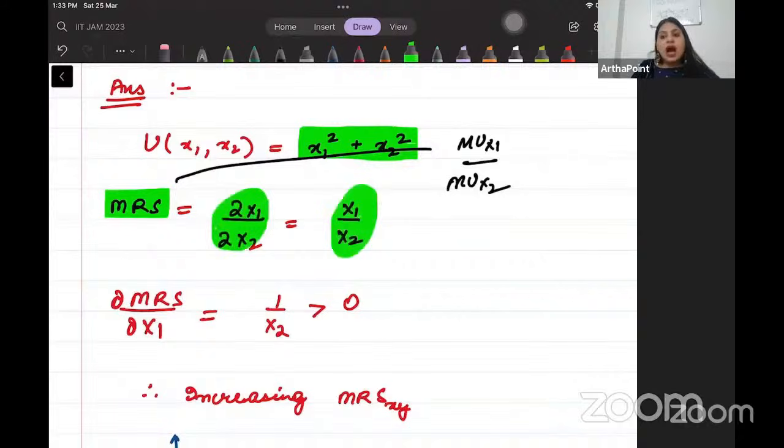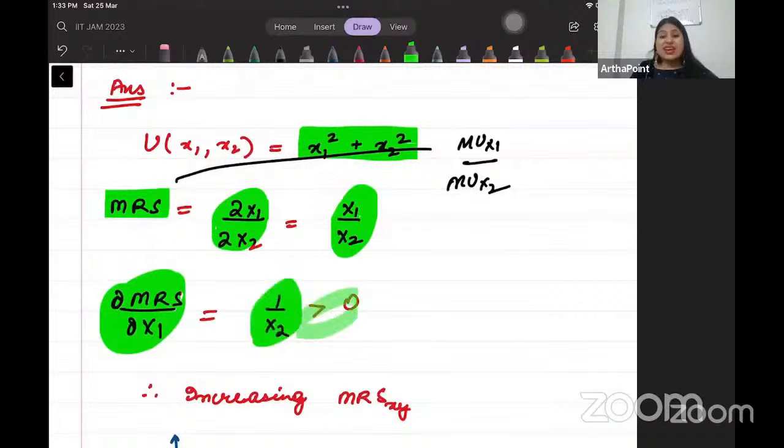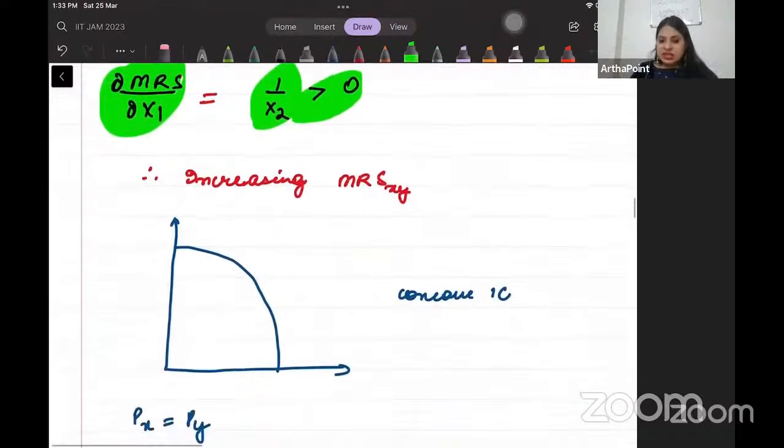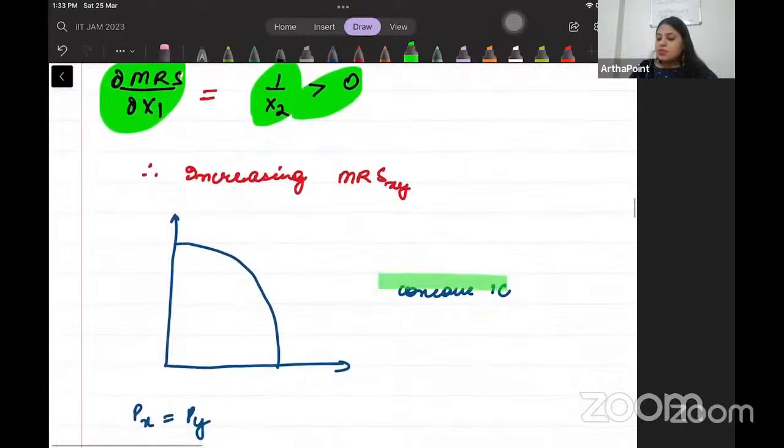Then I need to ask how this MRS changes as x1 changes. If I differentiate this, I get 1 by x2, which is greater than 0. Which means that this is not a well-defined preference. This is a concave IC, right? It has increasing MRS. As x1 increases, MRS is increasing, which means that I have concave ICs.